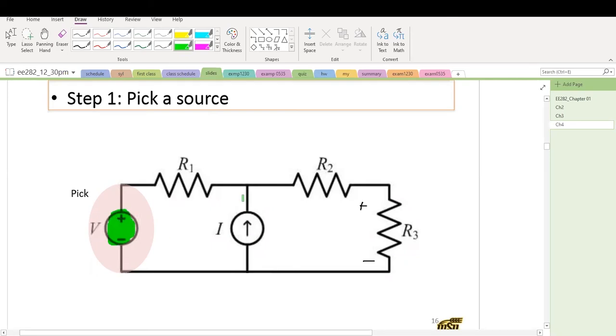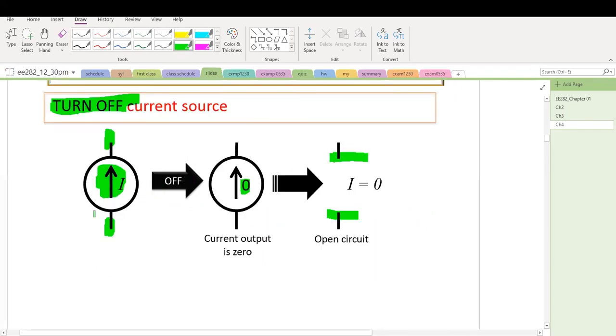So we need to remove or turn off this current source. How do we turn off the current source? If we want to remove it, we want the current to go to 0. How does the current go to 0? It has to be an open circuit.